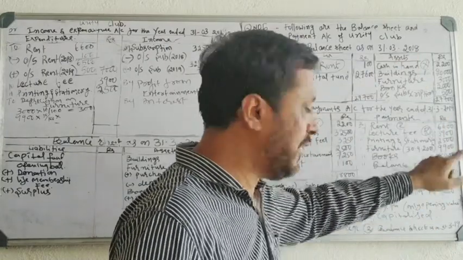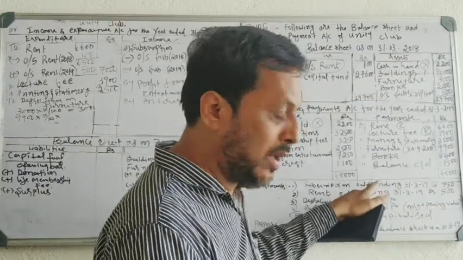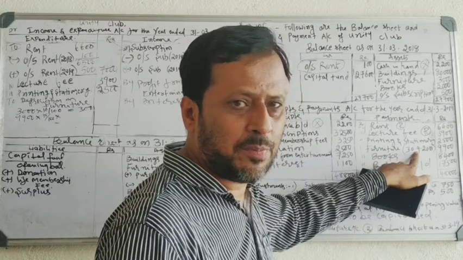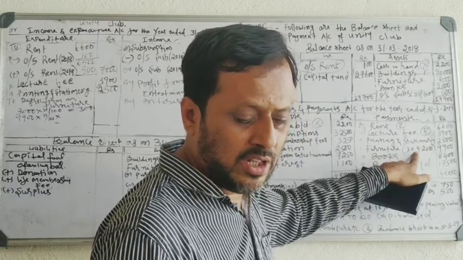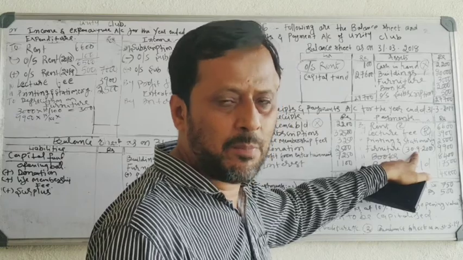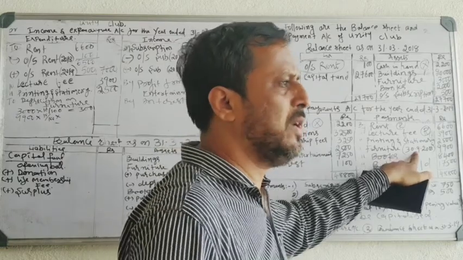Okay. So after this is purchased in September: October, November, December, January, February, March. It is used in the business for 6 months. Okay.